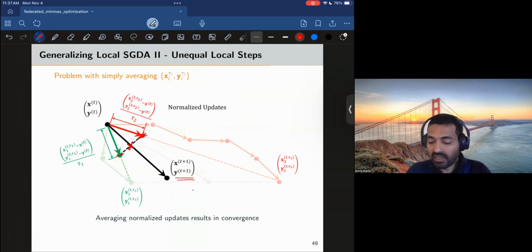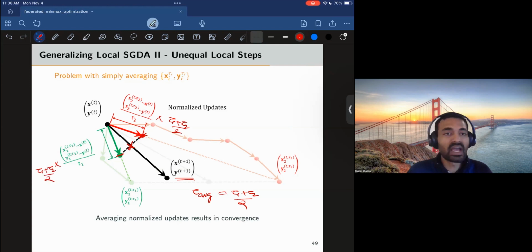And what we scale up by is the average number of steps taken by both the clients. So here it would be (tau1 plus tau2) by 2, right? So in some sense, we are multiplying this with (tau1 plus tau2) by 2, and we are multiplying this with (tau1 plus tau2) by 2, and adding these two together, right?